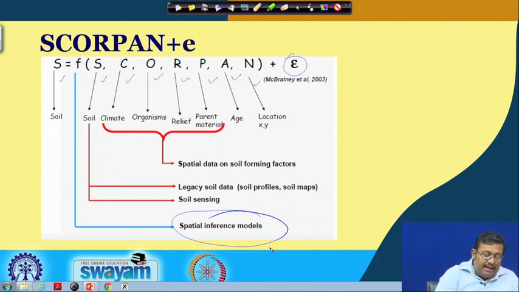So, this soil data can also be obtained by soil sensing methods. I have already discussed different soil sensing methods in our last lectures. We talked about diffuse reflectance spectroscopy and portable X-ray fluorescence, and remember that these soil sensing technologies can be extensively used for gathering different soil information.